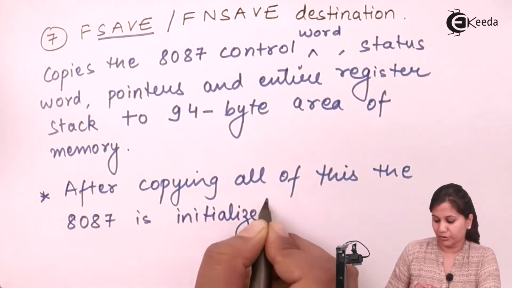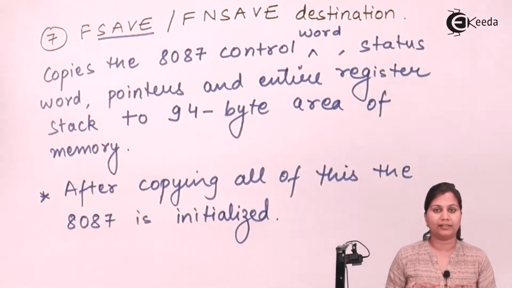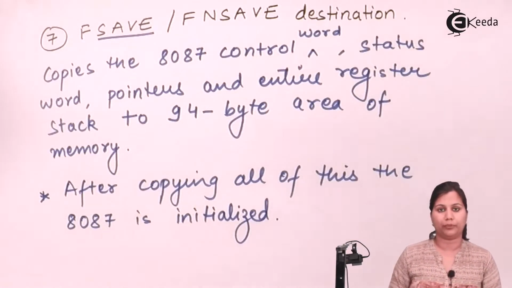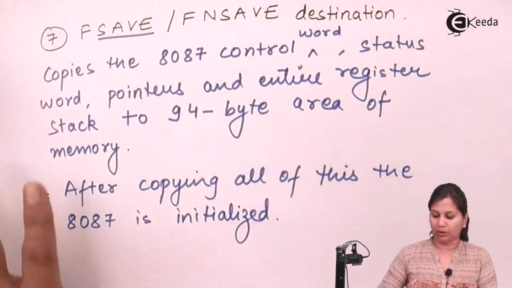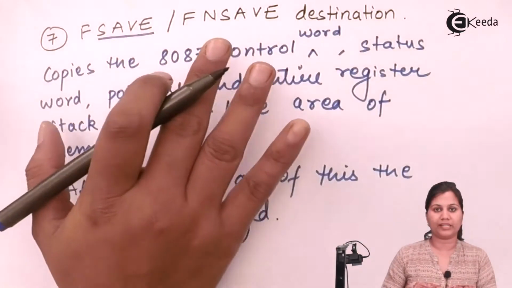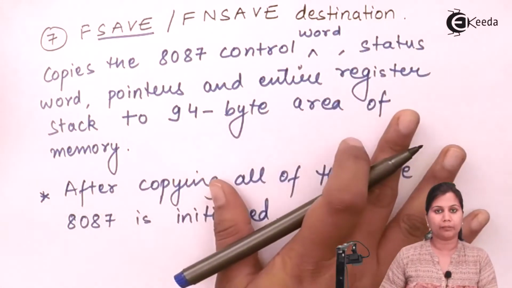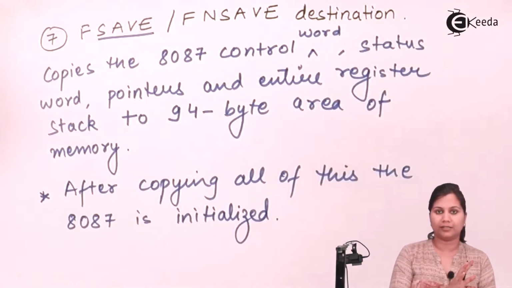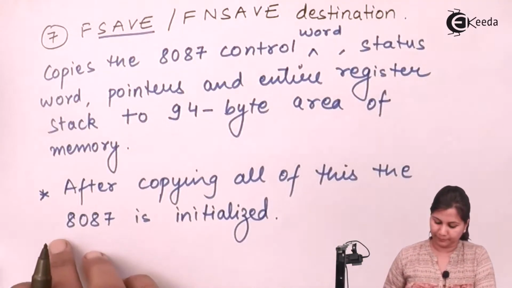So we are storing or saving the current condition of the processor onto some memory location. All this data of the 8087 is stored in the memory, and after that it is initialized.